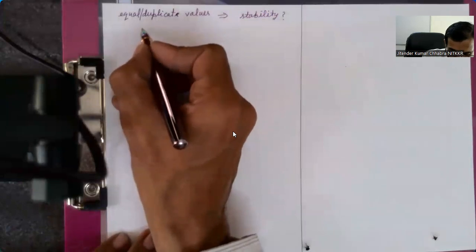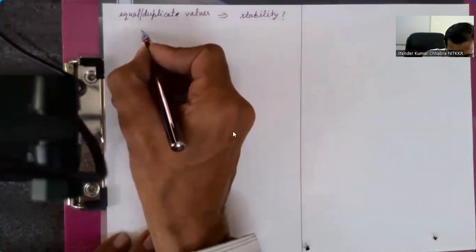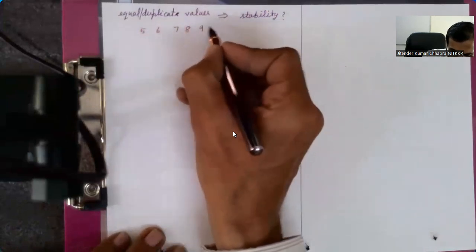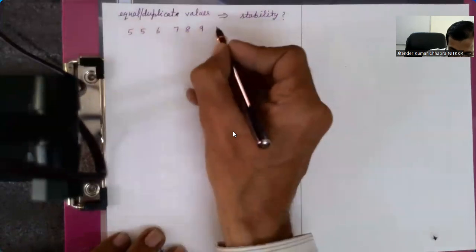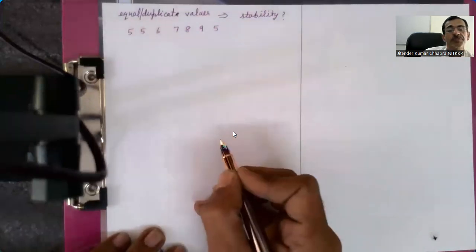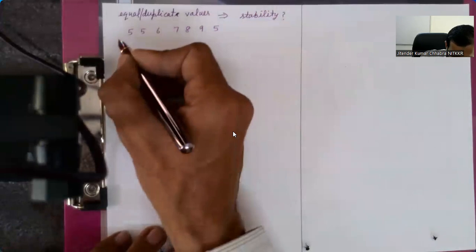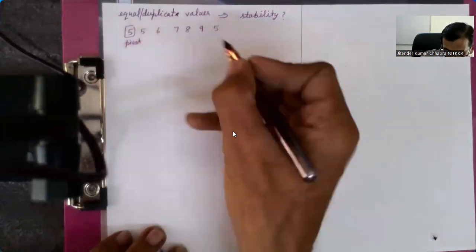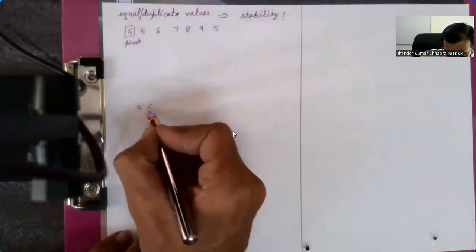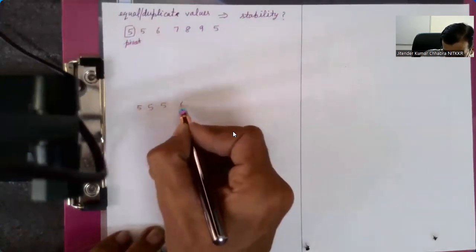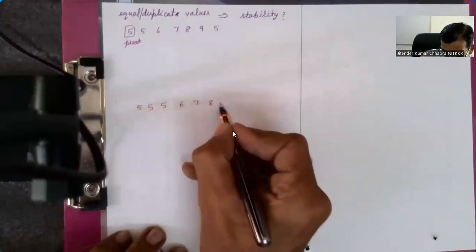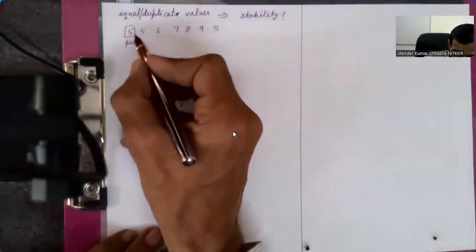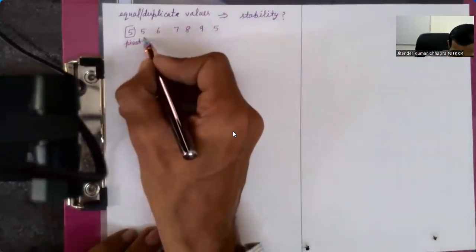For example, I say I have values 5, 6, 7, 8, 9, and let's say I have here also 5 and here also 5. Now, this is a pivot. Of course, final output will guaranteedly require all these 5s to come together like this. But now what my quicksort says, first time you start your i here.